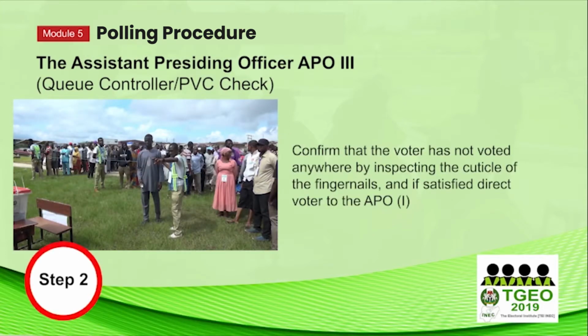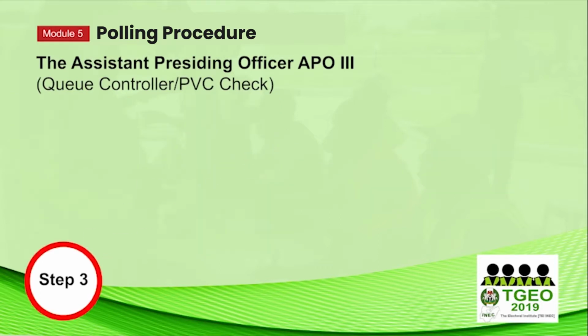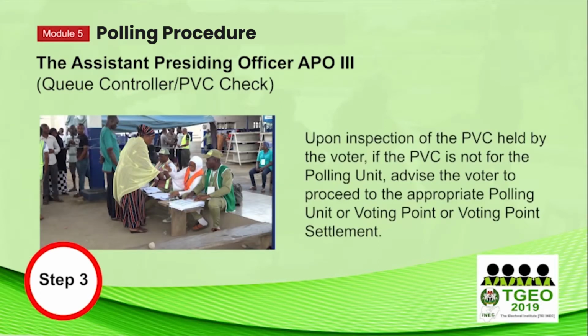Confirm that the voter has not voted anywhere by inspecting the cuticle of the fingernails, and if satisfied, direct the voter to the APO1. Step 3. Upon inspection of the PVC held by the voter, if the PVC is not for the polling unit, advise the voter to proceed to the appropriate polling unit, voting point or voting point settlement.